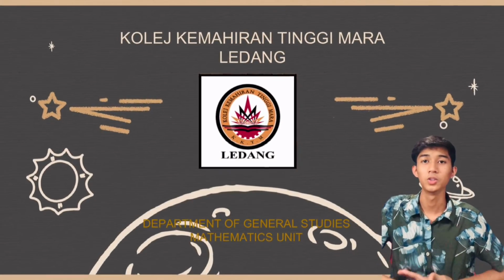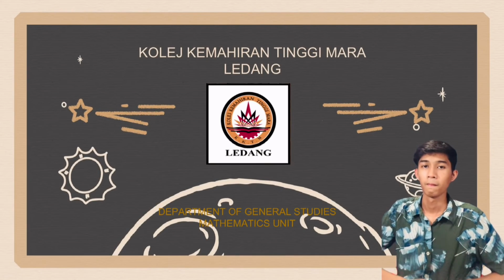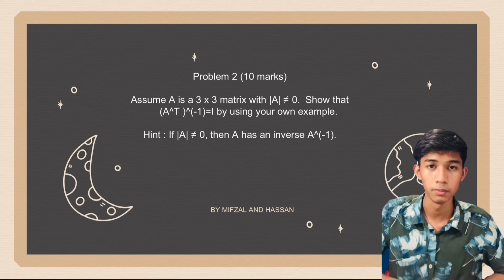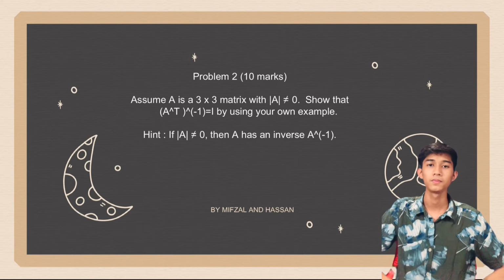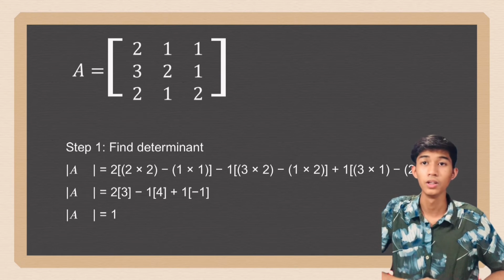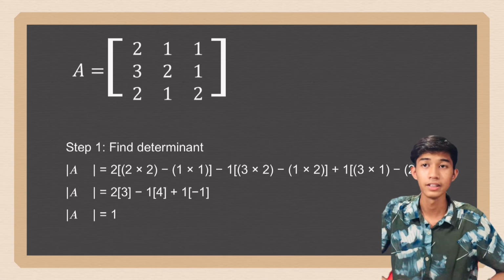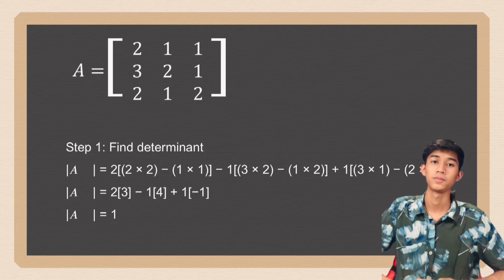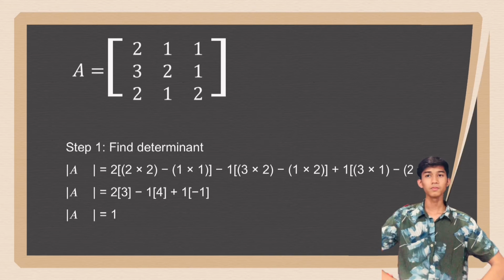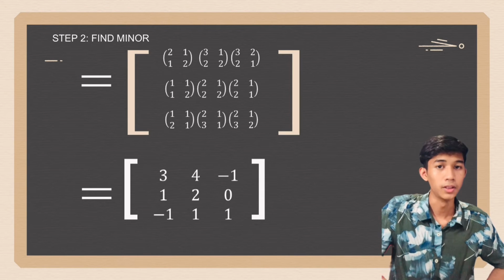Now I want to show you how to solve problem 2. This is question problem 2. So based on Cramer's rule that we have learned, we need to find the determinant first. After that, we find the minor.